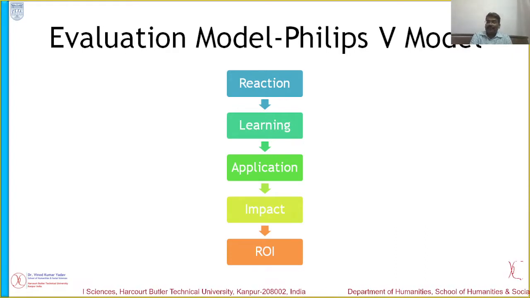it starts from the reaction at the bottom, basic level. So you talk about the reaction or initial need, and that individual need is very important to understand the reaction. The needy person at the basic stage is the employee or trainee who has the need to upgrade.